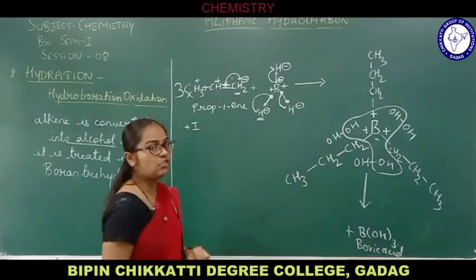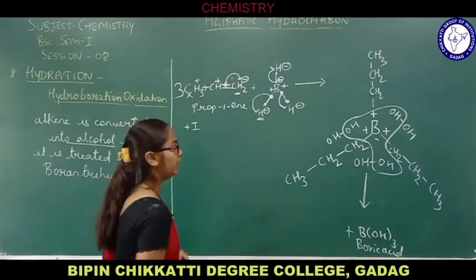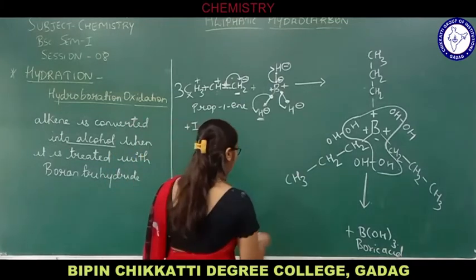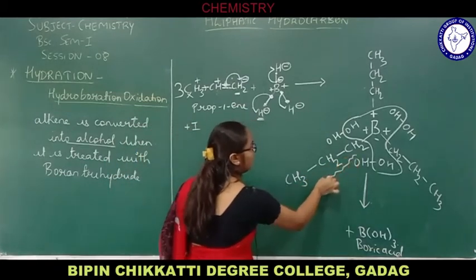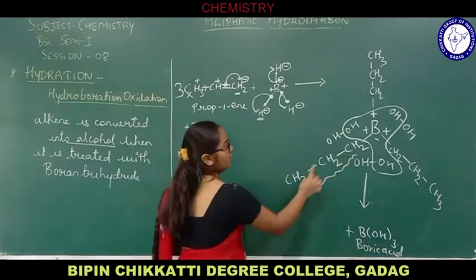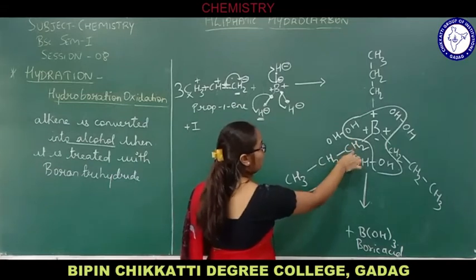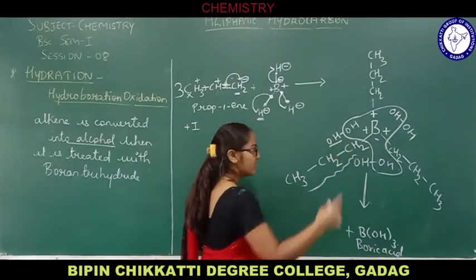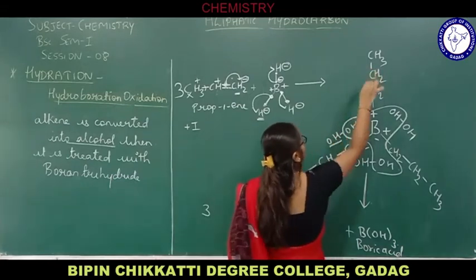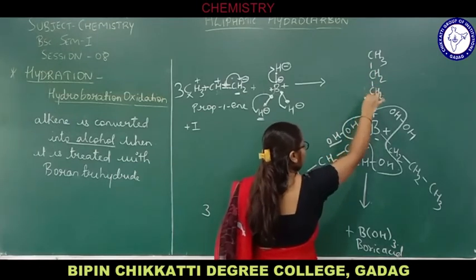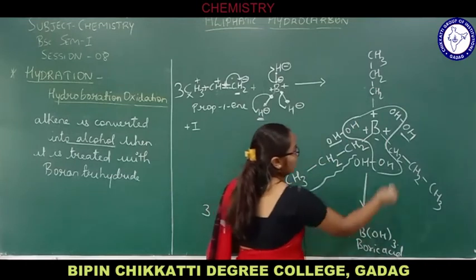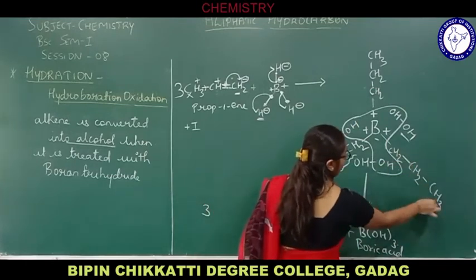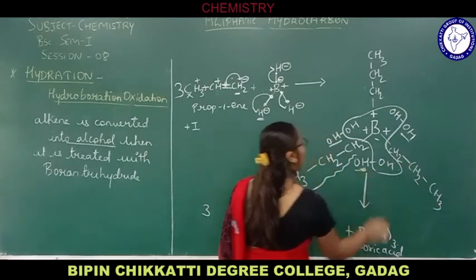Now let's talk about the main product over here. The main product is as simple as it is. You can see this group CH3, CH2, CH2 will go and get attached to this OH. Similarly CH3, CH2, CH2 will go and get attached to this OH, right. Whereas the third one, CH2, CH2, CH3, will go and get attached to this OH.